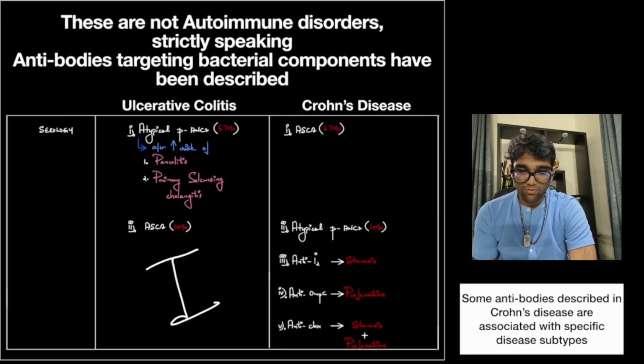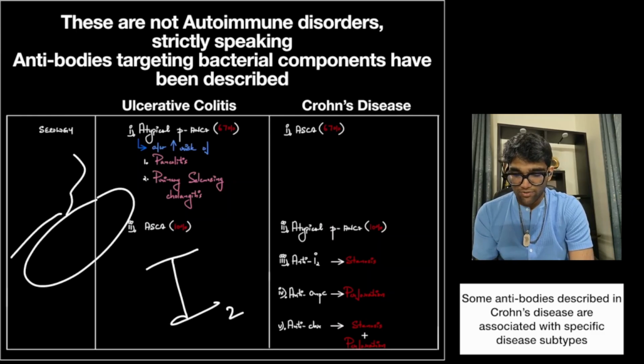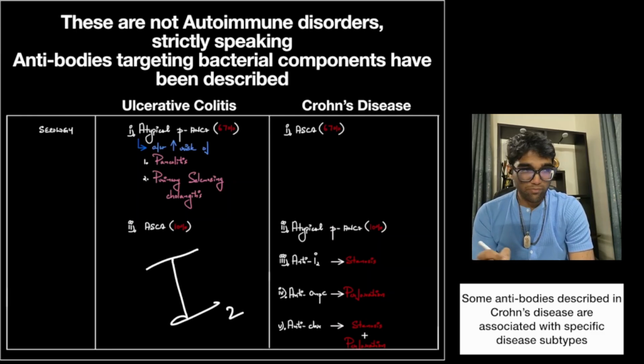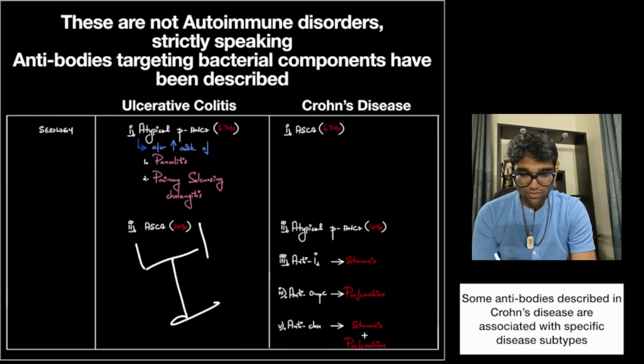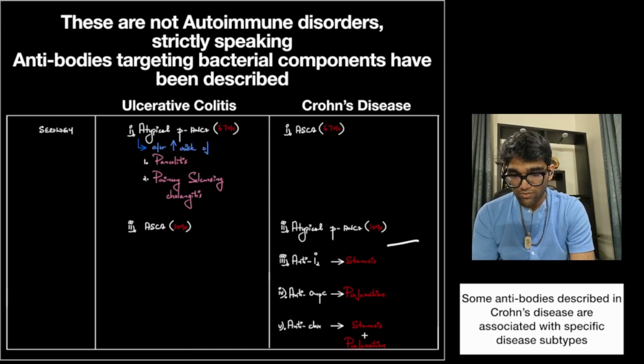I2 antibodies are again specifically a protein that is present. These are all proteins that are present in gram-negative bacteria, flagella, or cell wall. See how I use a memory trick here. I looks like essentially two parts of the intestine. The intervening portion has become stenosis. So anti-I2 antibodies correlate with stenosis, because this looks like a stenosis.